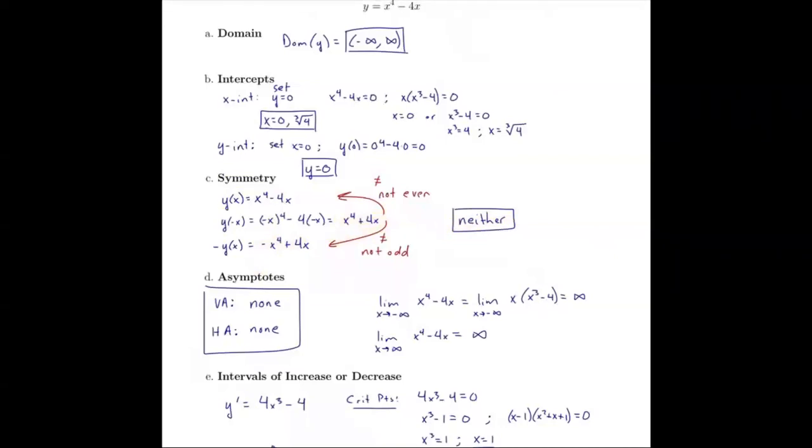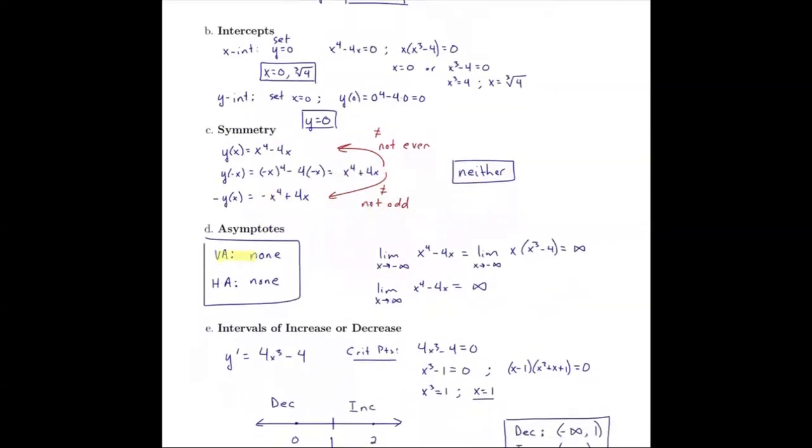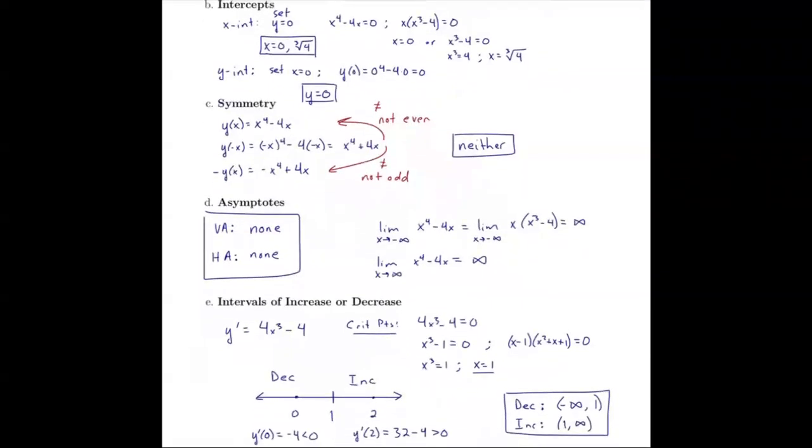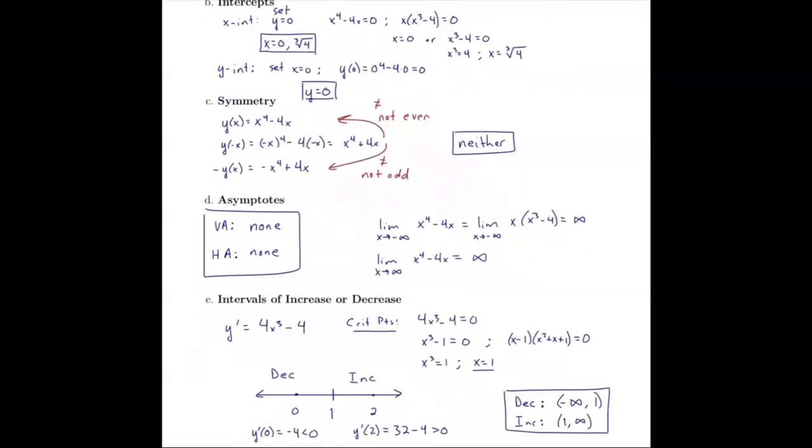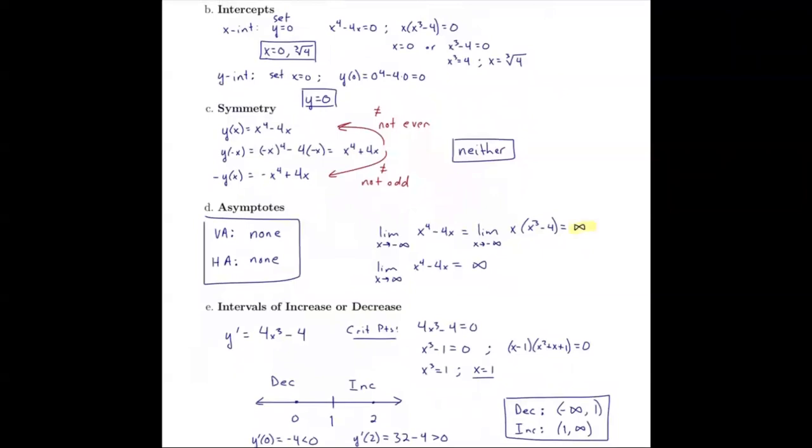Now, moving on. Asymptotes. We've already seen there won't be any vertical asymptotes because the function is defined everywhere. It's a polynomial, so that's good to rule out. Next up, horizontal asymptotes. When we take the limit as x approaches negative infinity of the function, same for positive infinity, in both cases we appear to get positive infinity.